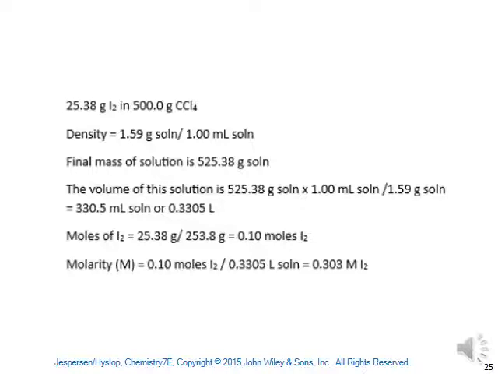So your solution is 525.38 grams. So how many mL is that? Okay, well, this relation up here tells you that for every 1.59 grams solution, there's 1 mL. And so what you're going to do is use this value and divide it by the density, and you'll end up getting this.